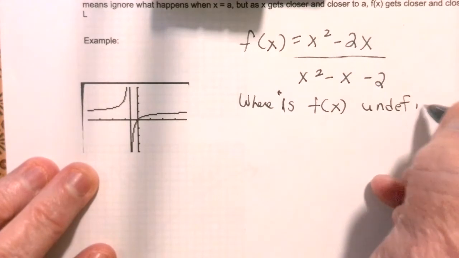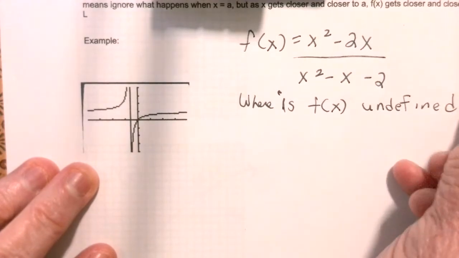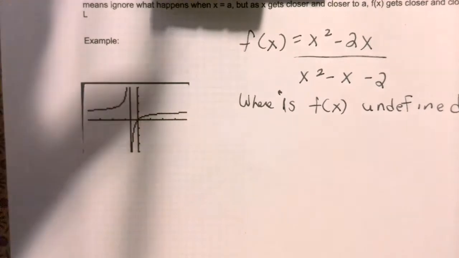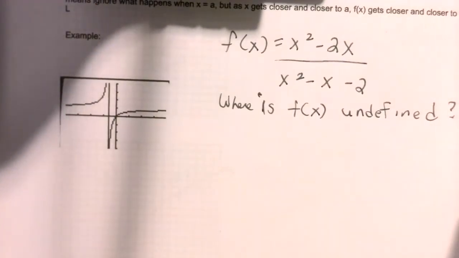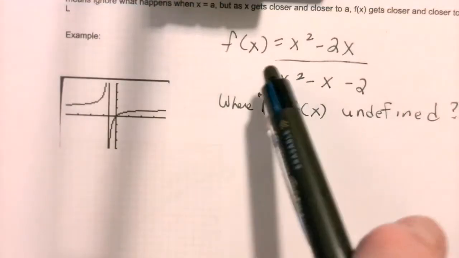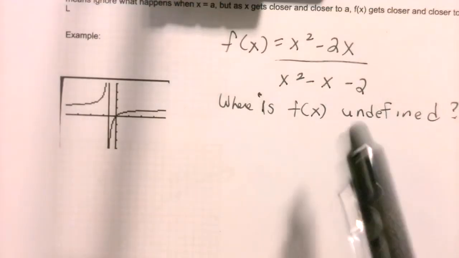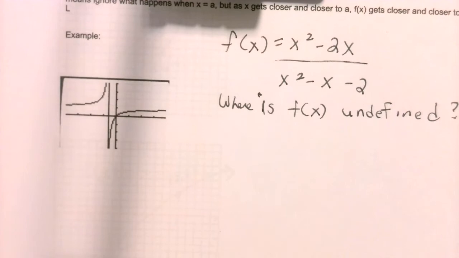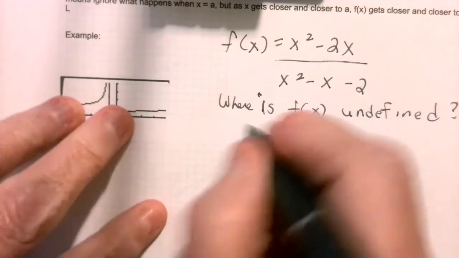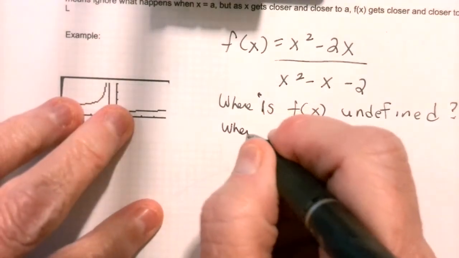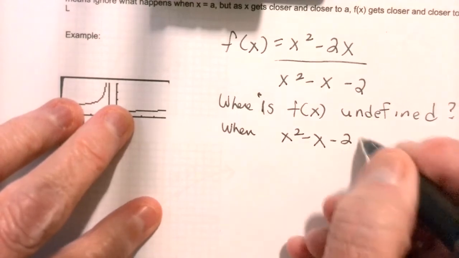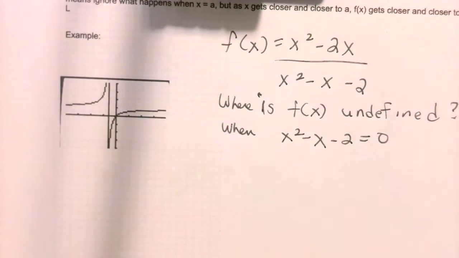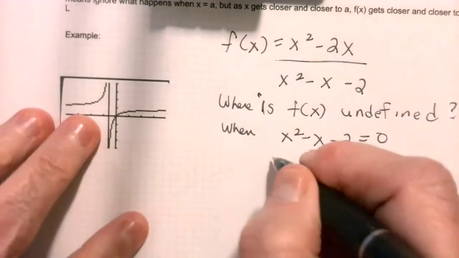Functions can be undefined in different ways, but when you've got a rational function, which is what this is called, with an expression involving x in the denominator, it's going to be undefined when the denominator is equal to 0. Well, that's a quadratic equation, and we can solve that by factoring.